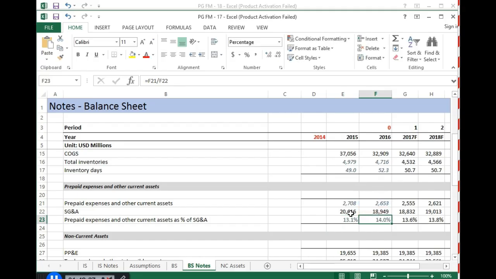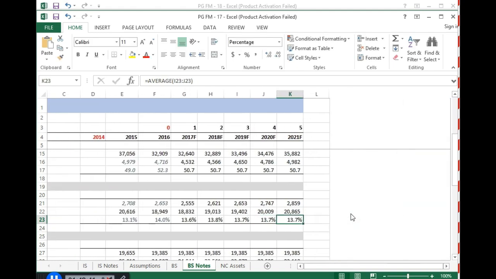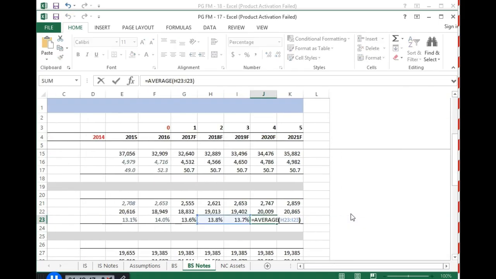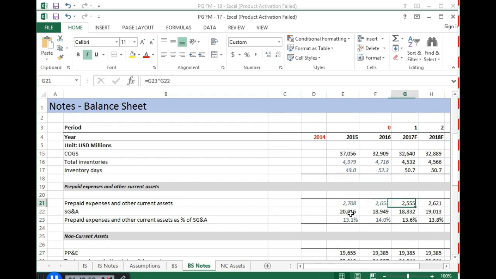So I have it for 15 and 16. I took the average and stretched it over. So this is how I can forecast a prepaid expense percentage. And if I have the prepaid expense percentage, I can forecast prepaid expense by multiplying that percentage with SG&A.